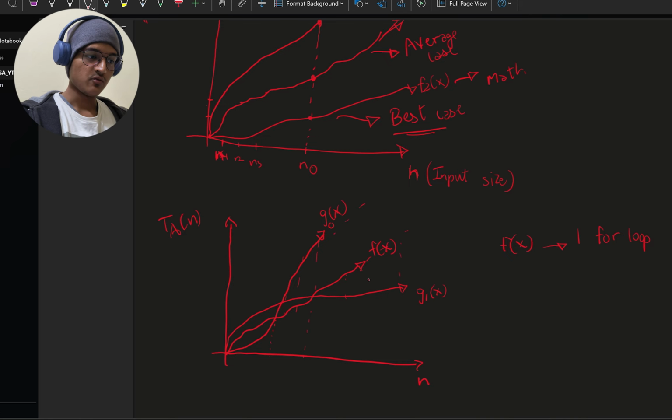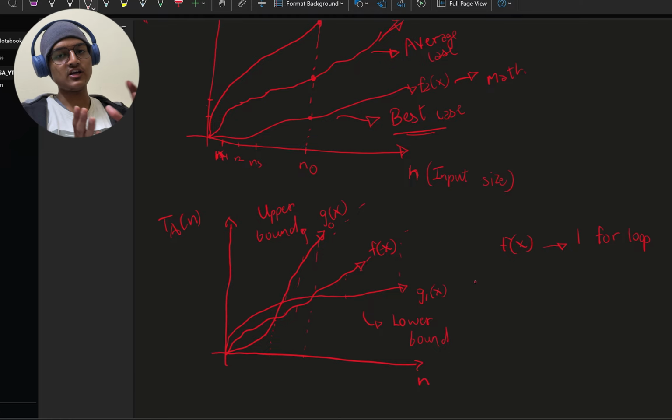And thus, what we can say is that the function g0x will represent an upper bound. The function g1x will represent a lower bound. How? The function fx is bounded between two functions, g1x and g0x, g0x being always above fx and g1x being always below fx.